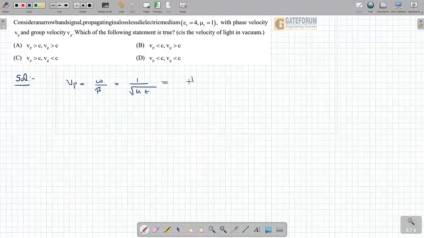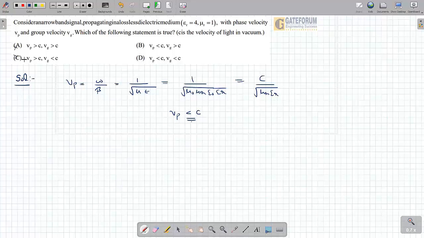Okay, so that is 1 upon root of mu naught mu r epsilon naught epsilon r. 1 upon root of mu naught epsilon naught is c, so that becomes the speed of light divided by root of mu r epsilon r. And you can see clearly that Vp is going to be lesser than c. Right? So either option B or option D will be the right answer.